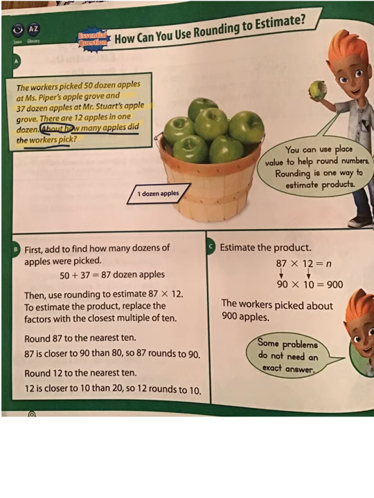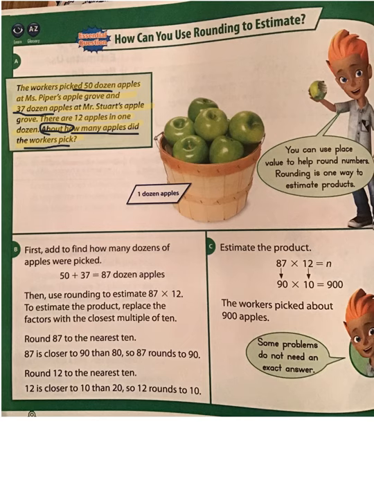Also, this is a two-step problem because the workers picked 50 dozen apples at Miss Piper's apple grove and 37 dozen apples at Mr. Stort's apple grove. We want to know how many they picked all together.